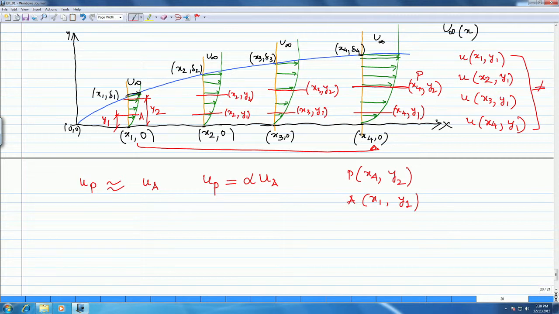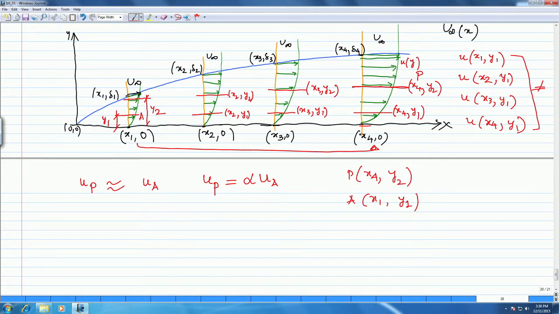The behavior as such is similar: the velocity is 0 at y equal to 0, and at y equal to delta at x4 it is the free stream. In between, there is a non-linear change in the velocity, which varies with y.